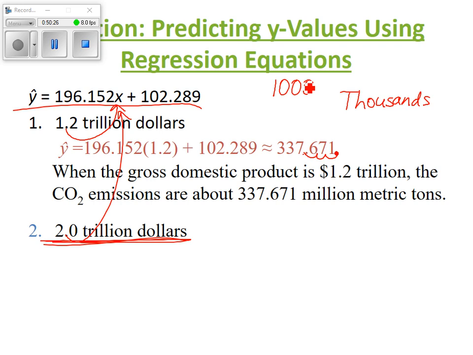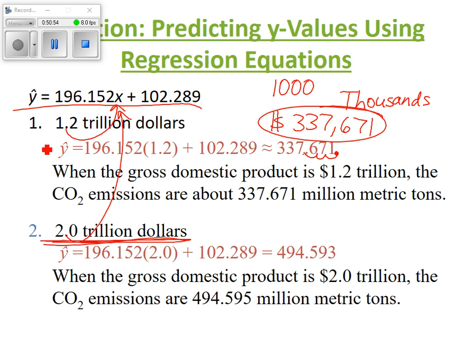On the homework one, I think it's talking about the price of houses or something. If you get this answer on the homework problem, instead of writing 337.671, the better answer would be $337,671, because that makes more sense to whoever looks at it next, instead of changing it into thousands of dollars. So just make your answer make sense to the problem and to other people who look at it.